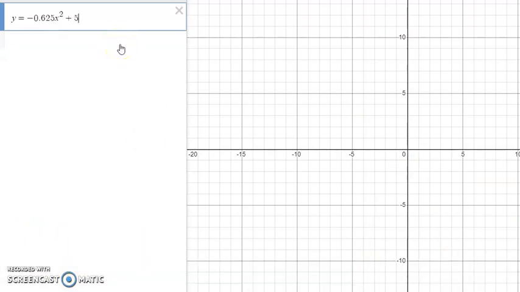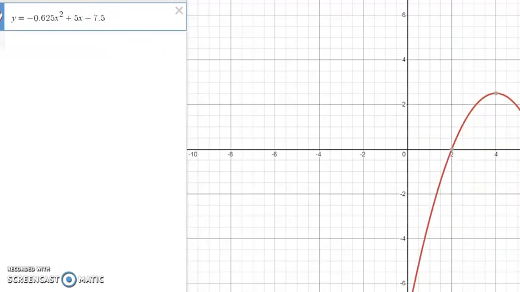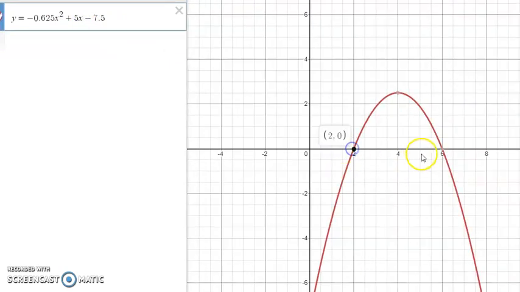Okay, oh, not w, we use x, sorry. And there we have that. We have the graph like that, and that's where the 2 and 6 comes from.